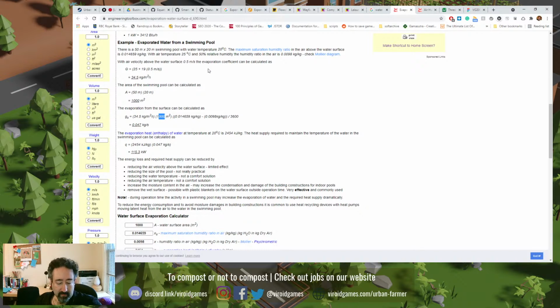Okay. Now this is a compost unit. I understand it's not a swimming pool. So this part and this part doesn't kind of make sense, but let's say it does. So the only thing we have to change here is that this actually has to be, let's say we have 2 by 2, five square meters.